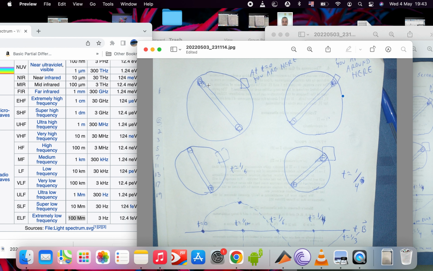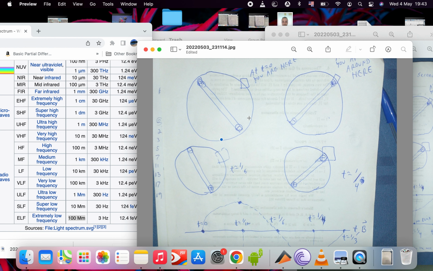Here, the positive is approaching us, so we're gaining flux from the positive, and the negative is compounding this effect by moving away, you see? So here, the flux, the change in the field lines, is actually very big.